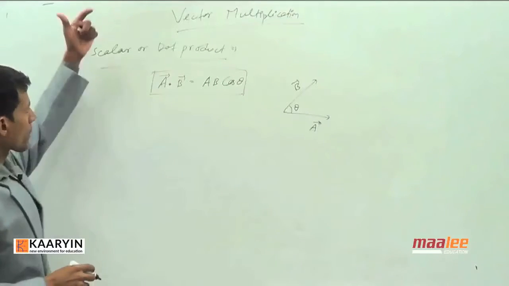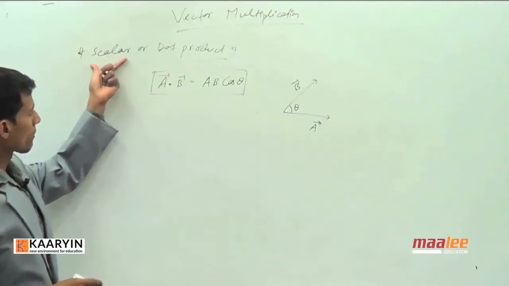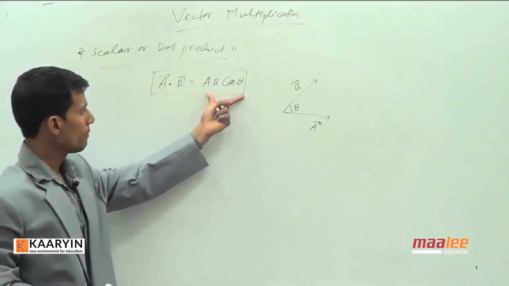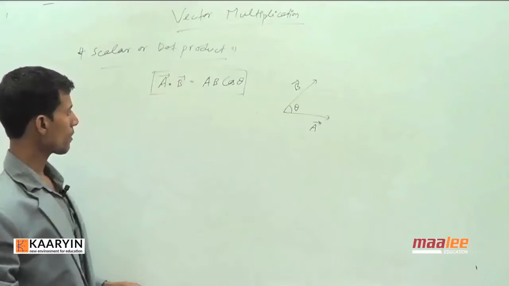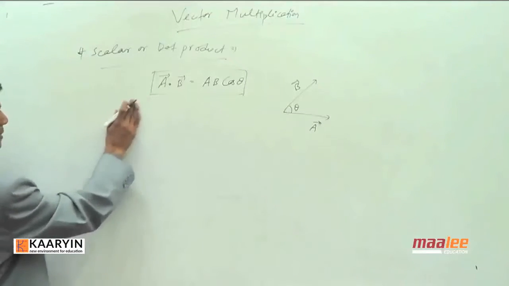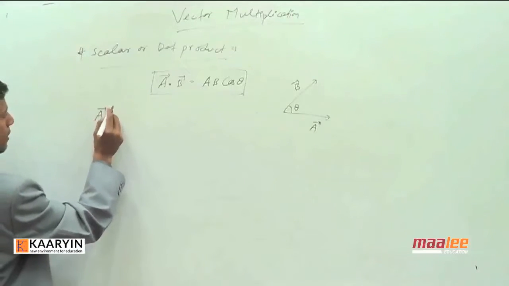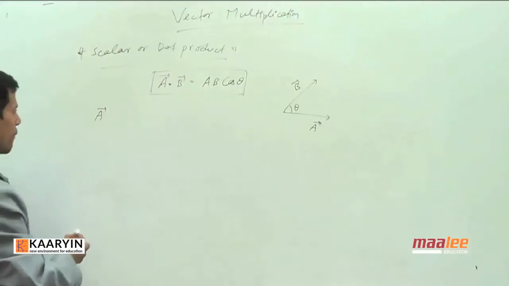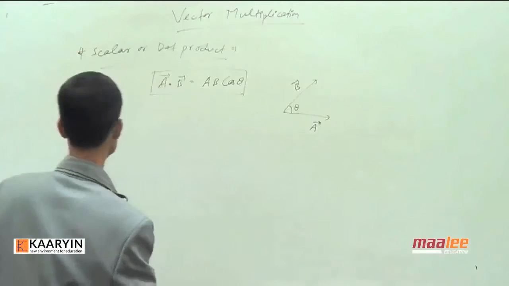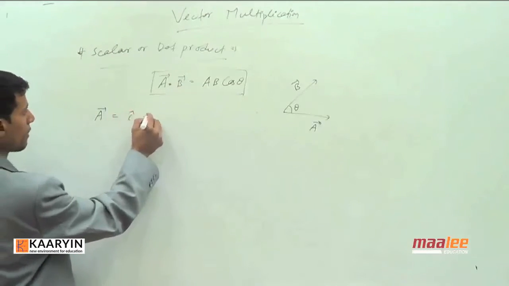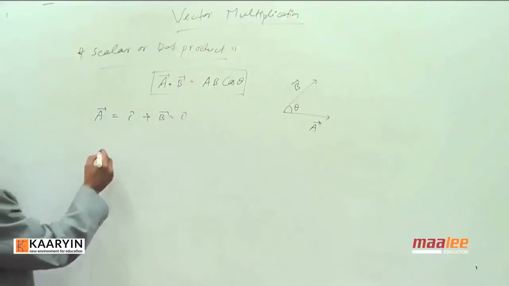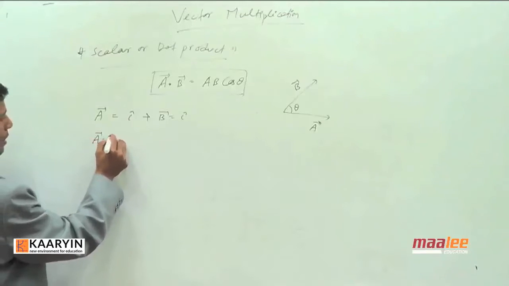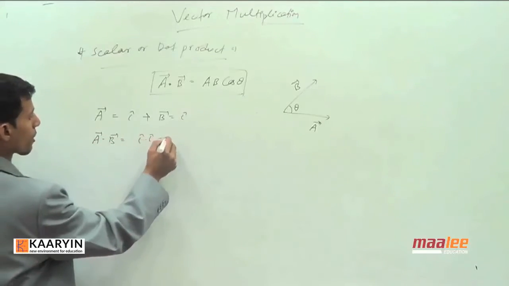Now why is it called a scalar product? Because the outcome of A dot B is a scalar quantity. How can we see this? Before that, suppose vector A is i cap and vector B is also i cap, then A dot B equals i dot i.